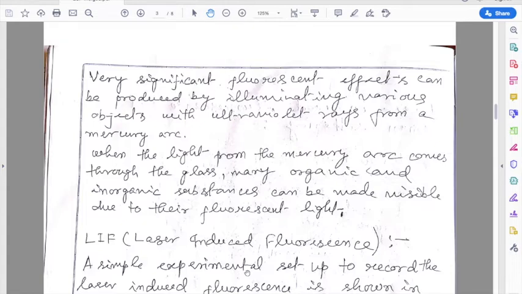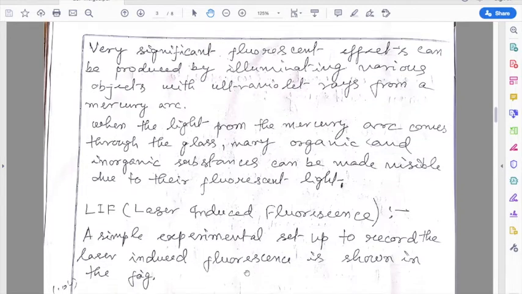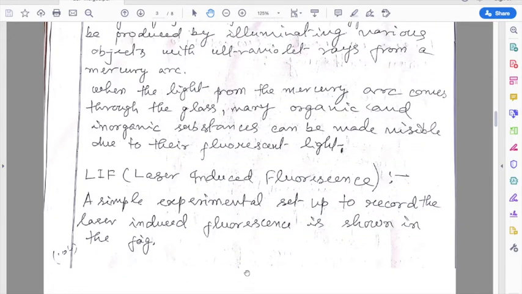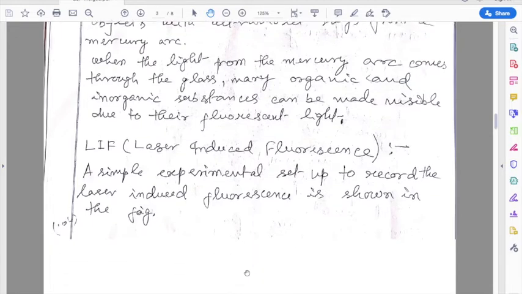When the light from the mercury arc comes through the glass, many organic and inorganic substances can be made visible due to their fluorescent light. That means many organic and inorganic substances can be made visible with the help of ultraviolet rays coming from the mercury arc, and that is due to their fluorescent light.